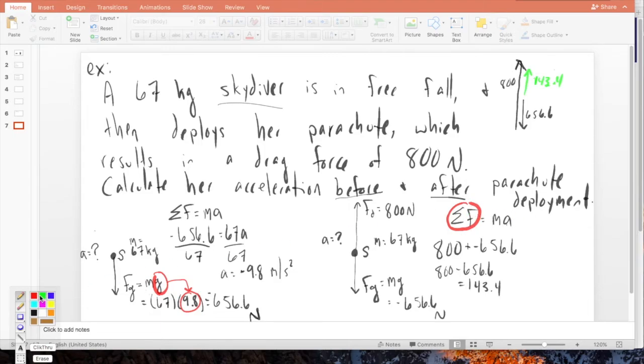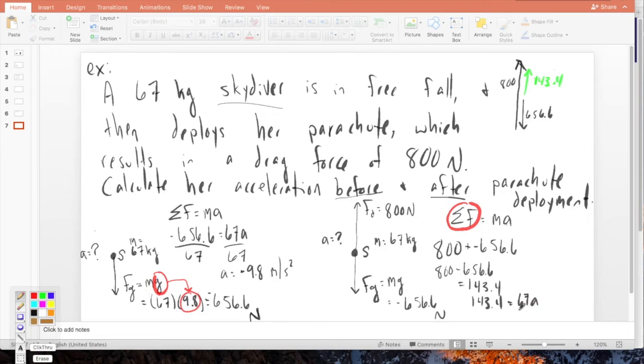So I found the sum of the forces, 143.4. So I can say now that 143.4 equals the mass times the acceleration. And I know what the mass is, don't I? Her mass is still 67 kilograms. And so now you can see I'm one step away from solving the question, how do I solve for the unknown variable A?